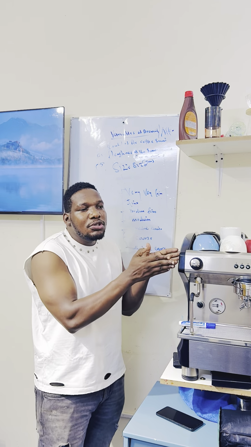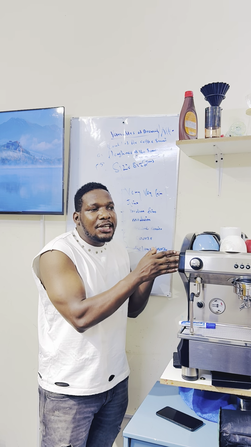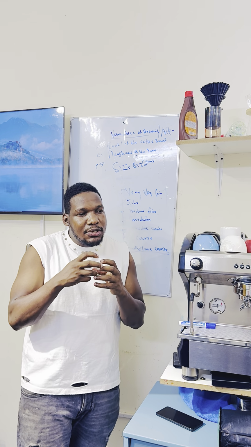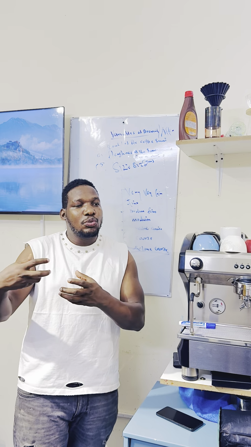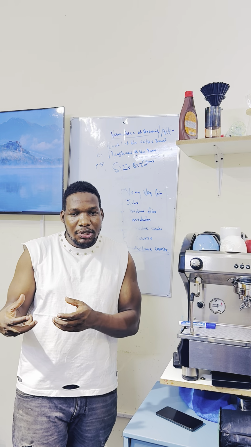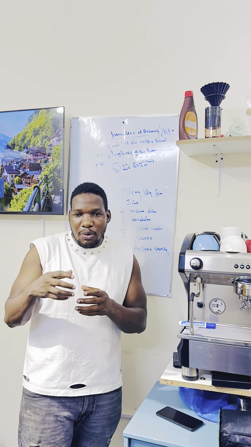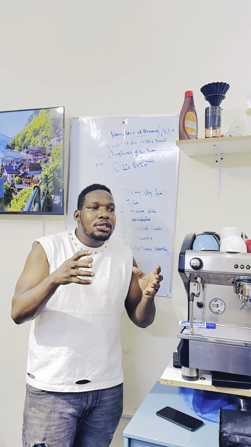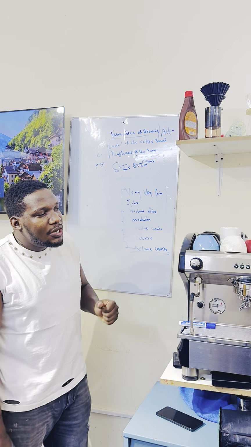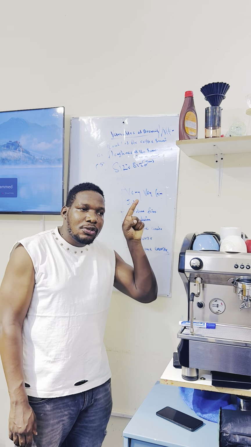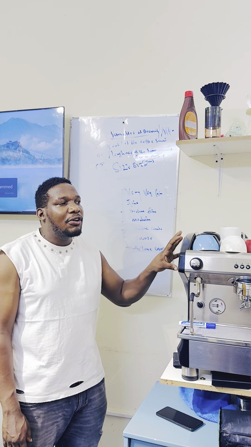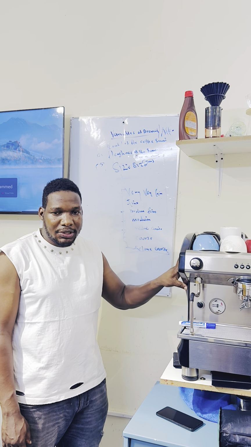This is why we use seconds, not minutes: the finer the particles, the more they extract. When particles are too coarse, they extract less. So for espresso, we use fine particles because they extract more.